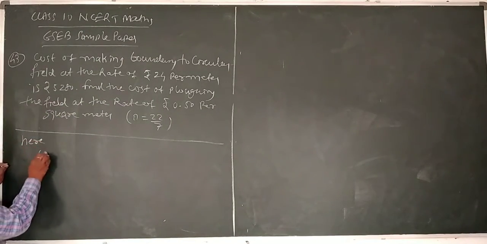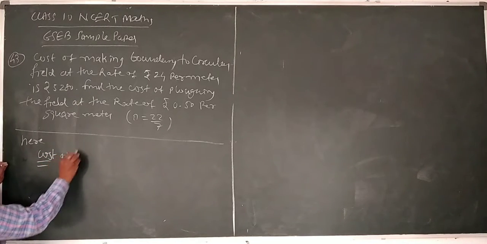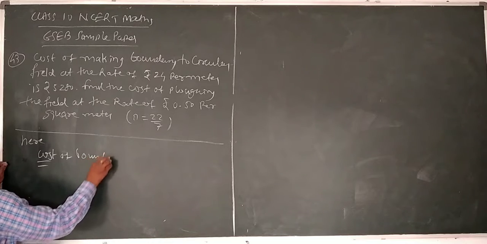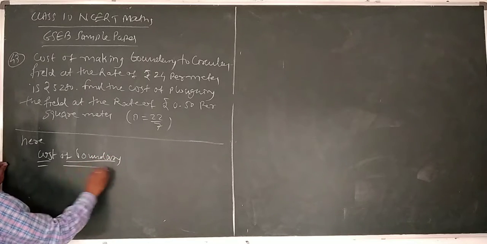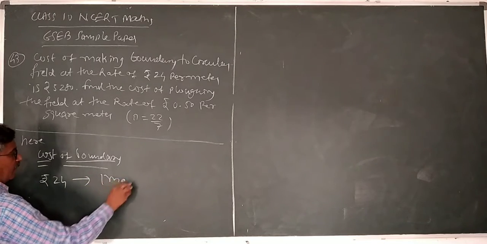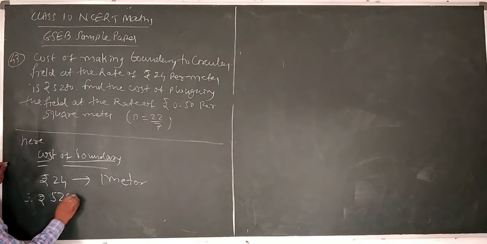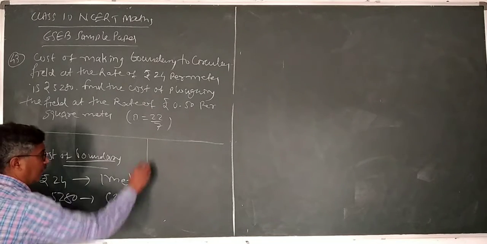Here the cost of boundary is rupees 24 for 1 meter of boundary. Therefore rupees 5280, how many meters of boundary will be there?